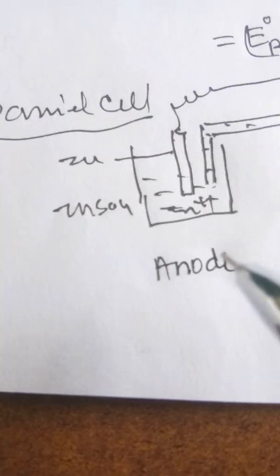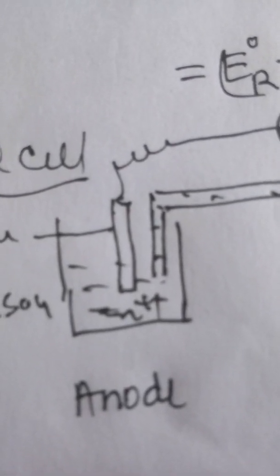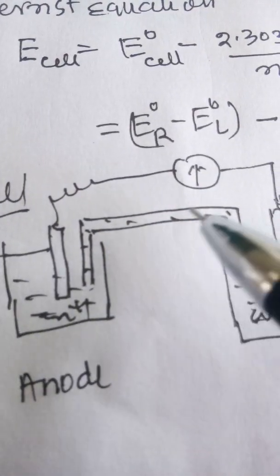This is the anode, and it is the cathode, like this. So in this way you can see, it is the salt bridge.